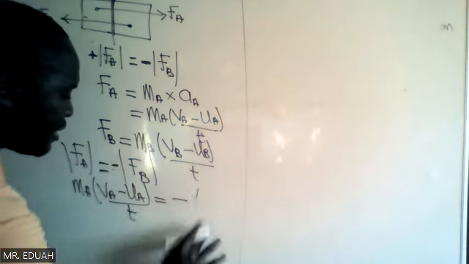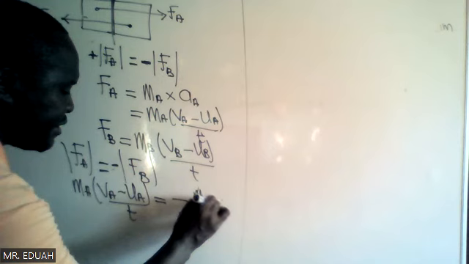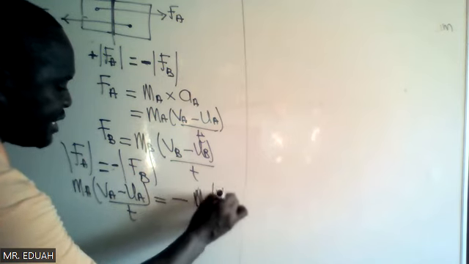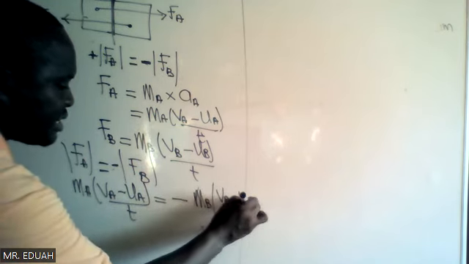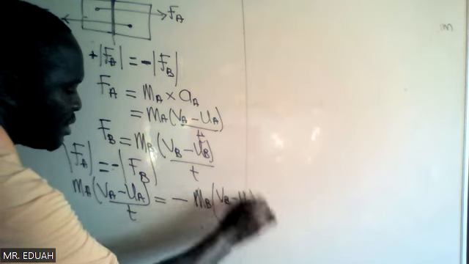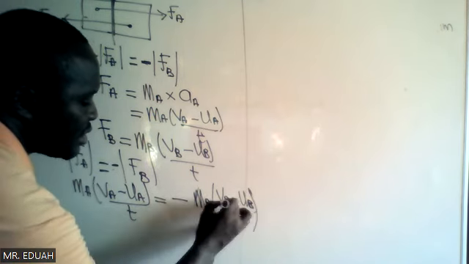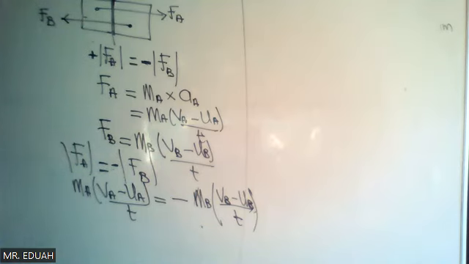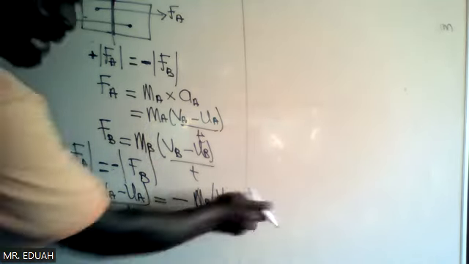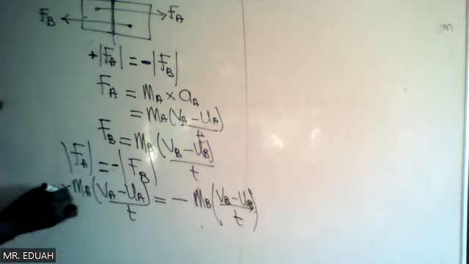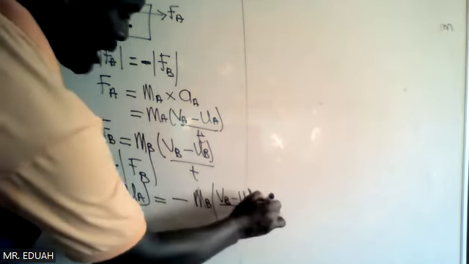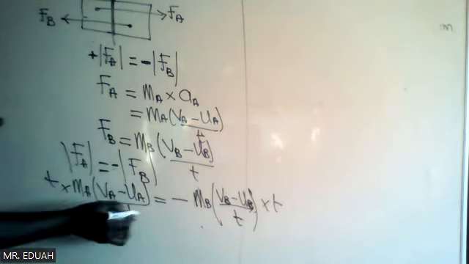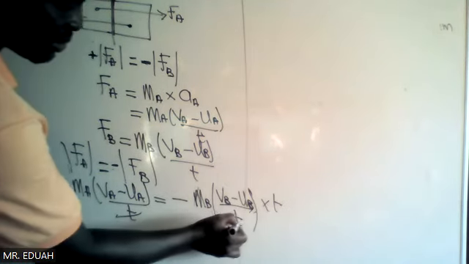Negative of Mb times Vb minus Ub all over T. If we multiply through by time T at both ends of the equation, the time cancels out.